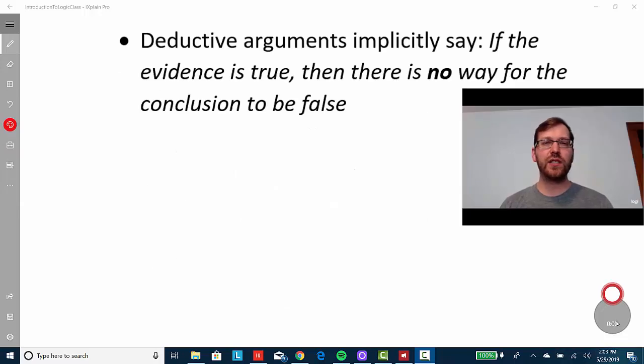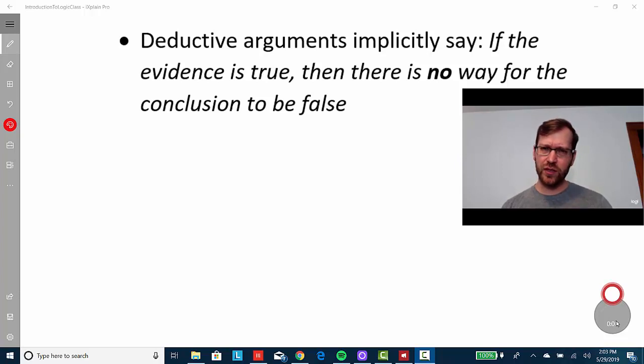All right, so how do we decide when the evidence given in a deductive argument actually supports the conclusion? Well, if you think about what you're doing when you give an argument, you're saying, look, if you accept the evidence that I'm giving you, you've got to accept the conclusion.